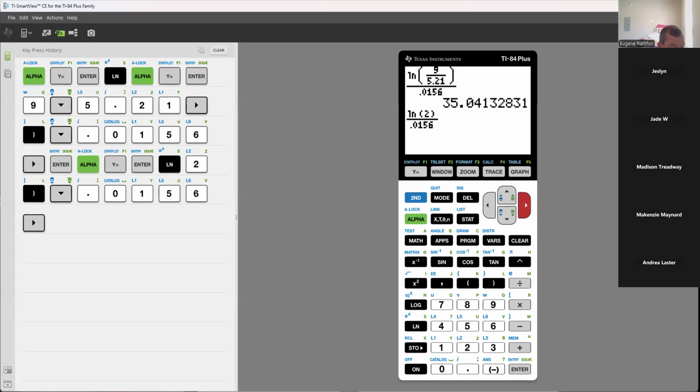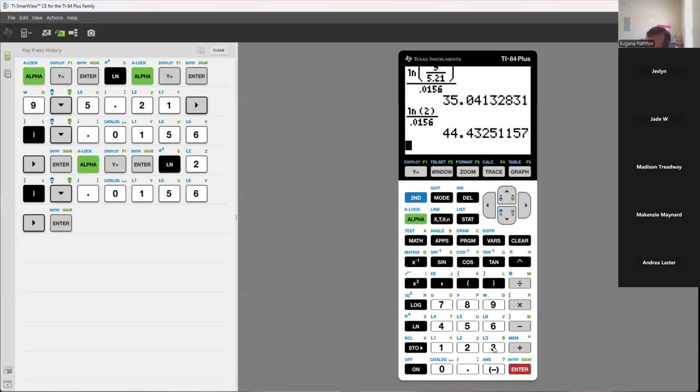Now let's see, they want us to round this one to one decimal place. So y'all remember, it's got to be bigger than 35, and look at that. 44.4, because we'll keep that a 4 because it had a 3 after it. So 44.4 years.